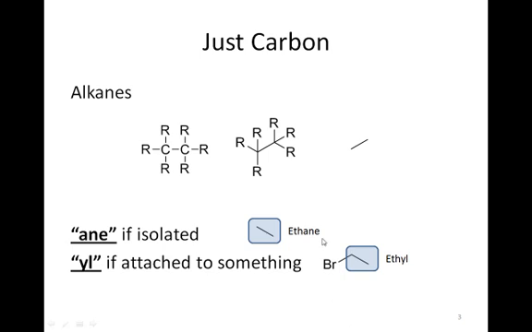So we call it ethane when it's isolated on its own, and the terminology changes to ethyl if it's attached to something. This is something that is common to quite a lot of different functional groups: it'll end in "-yl" usually.